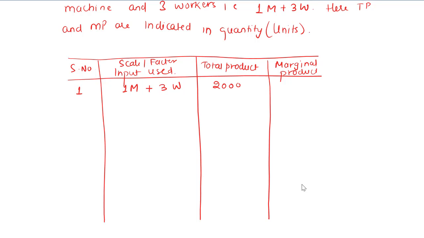The total production is 2000 units. The marginal production is also 2000 units. Now when you increase to 2 machines and 6 workers, the proportion is the same, my dear students. The total product rises to 5,000 units and the marginal product is 3,000. 5,000 minus 2,000 is 3,000.